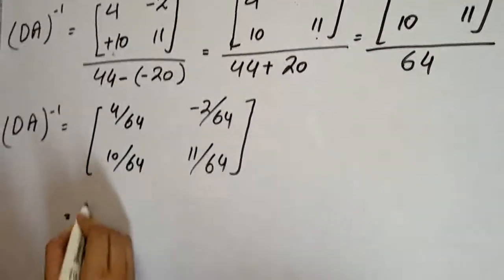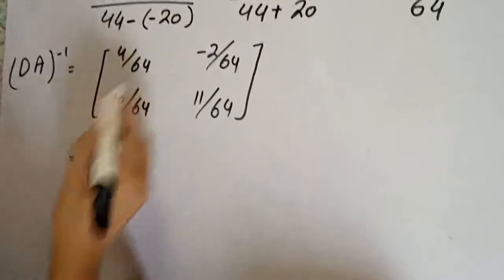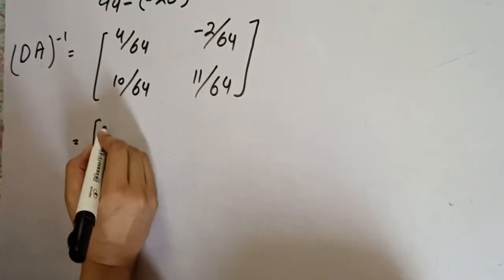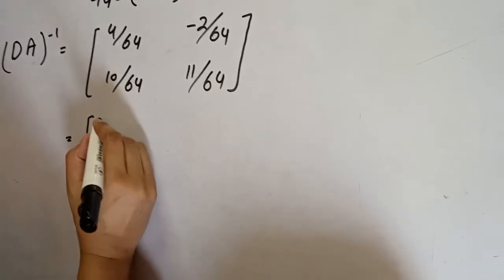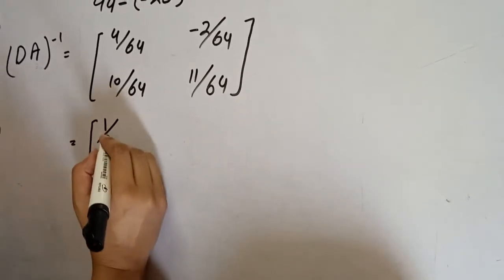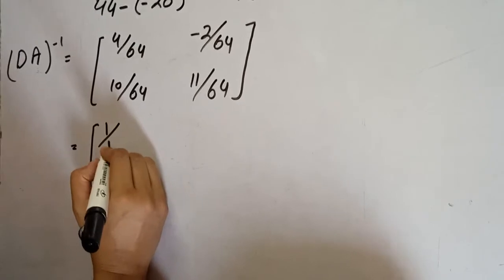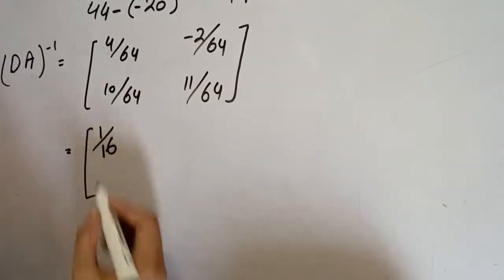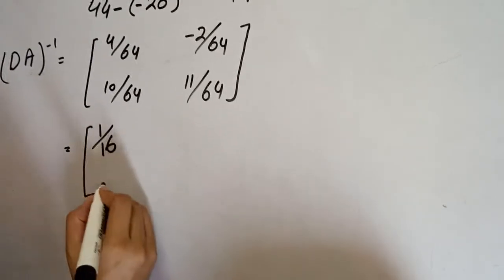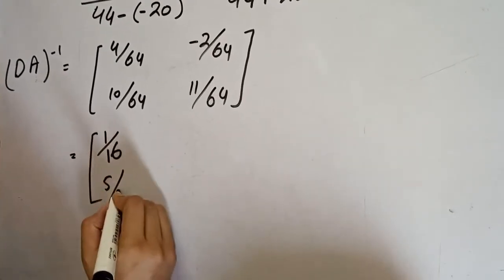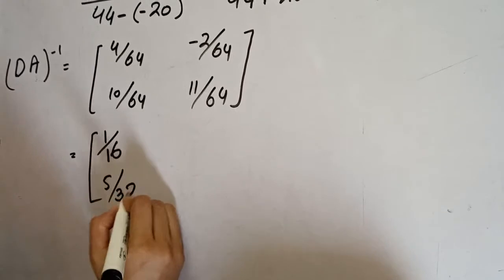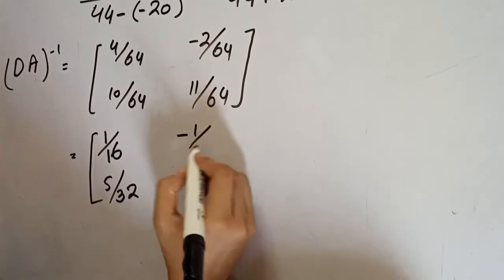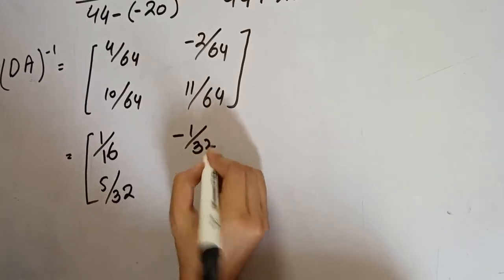When we simplify this, we cancel with the table of 2: 2 times 2 is 4, and with the table of 4, 4 times 1 is 4 and 4 times 16 is 64. Then 10 over 64 cancels with the table of 2, 2 times 5 is 10 and 2 times 32 is 64, and minus 2 over 64 becomes minus 1 over 32.